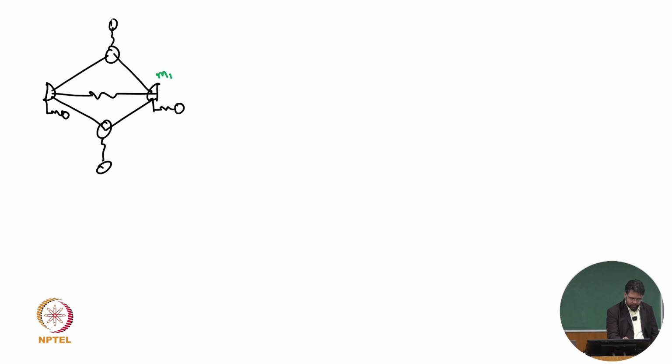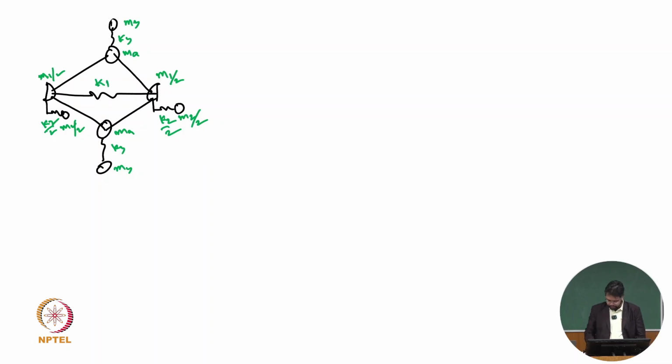So if I just write it: m1 by 2, m2 by 2, k2, k3, m3, ma, ma, k3, m3, m2 by 2, k2, I think k2 by 2, and m1 by 2, this is k1. So in this way these things are coming, so we are able to have the mass and stiffnesses in this manner.